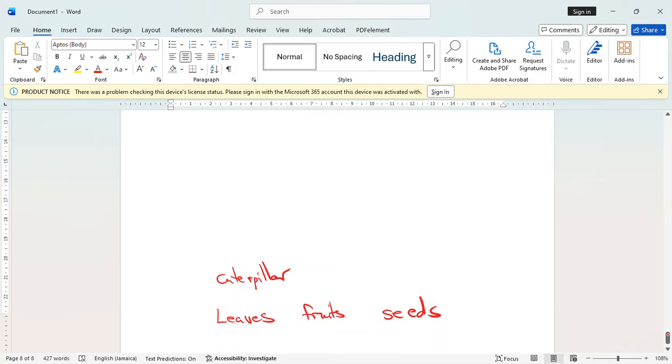Remember who is doing the eating. The arrow is pointing to it. Yeah? Who else? Grasshopper. The grasshopper eats all 3 as well. We also have the squirrel.